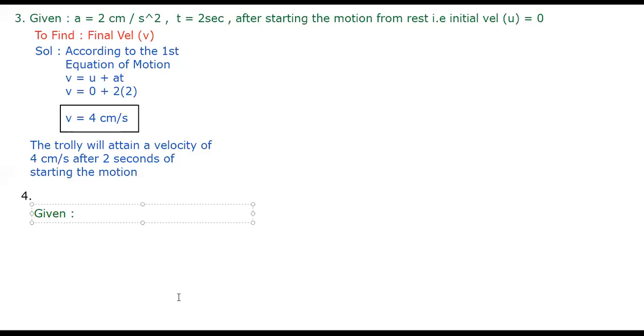First I'll write this. Acceleration is equal to 4 meter per second square. t is equal to 10 seconds.